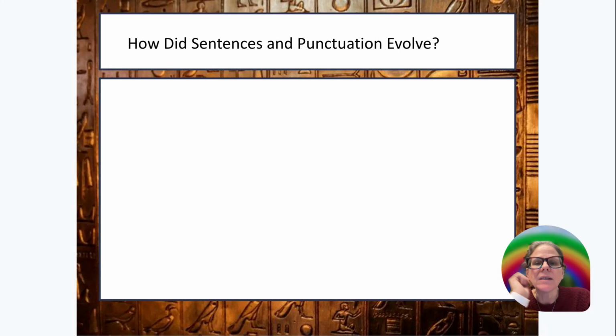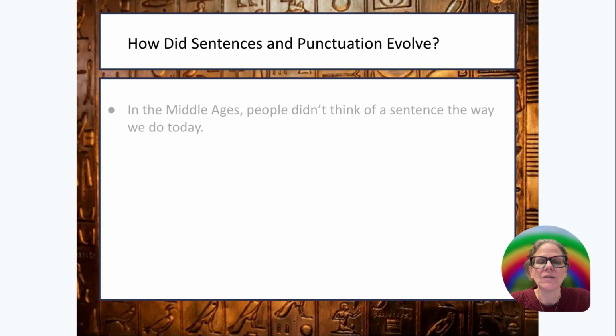Okay, let's start. So remember that we talked about the technology of literacy and the fact that writing was invented and it spread around the world, or different places around the world used it, and then it disappeared for like 900 years and then it came back. That was like in the Middle Ages.